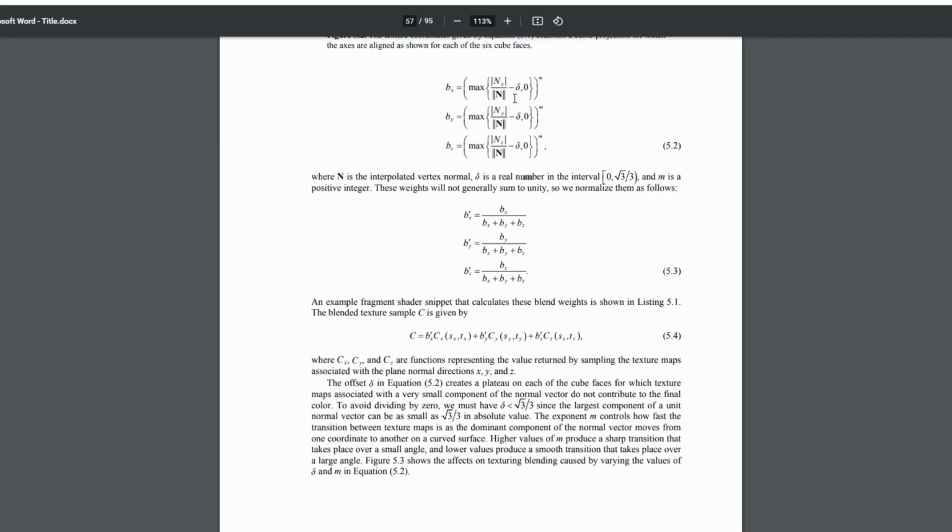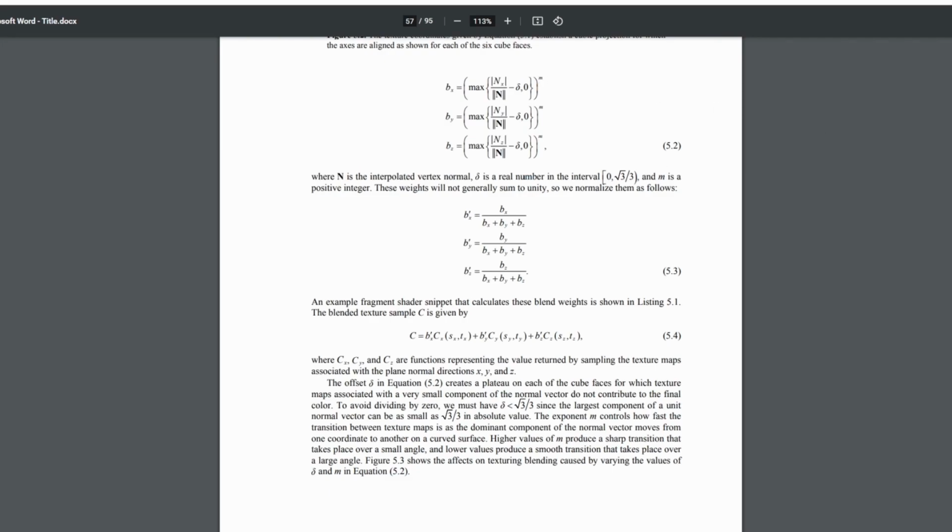And the reason why this is the cap for delta is this is the largest contribution a normal vector may have along any one coordinate. The resulting difference is then maxed with 0, such that if there was a negative value here, there's just no contribution given for this particular coordinate. And then the resulting value is then raised to some positive integer m.